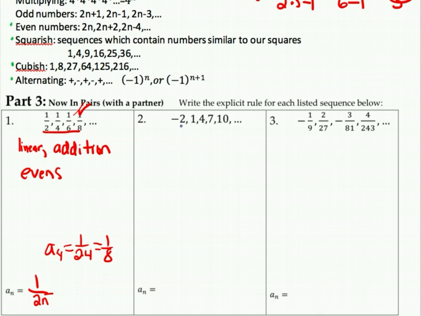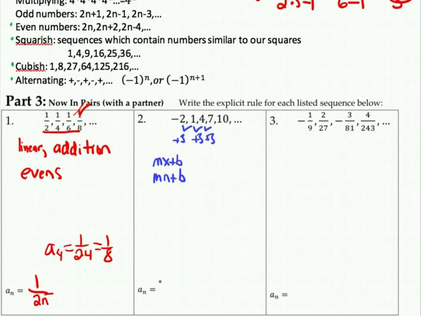This sequence, I think, is also doing something linear. It's going up by 3 each time instead of 2, etc. So if it's linear, then again we're going to have something like mx plus b. Except for us, it's going to be mn plus b because we're looking at the natural numbers, not the real numbers, x.